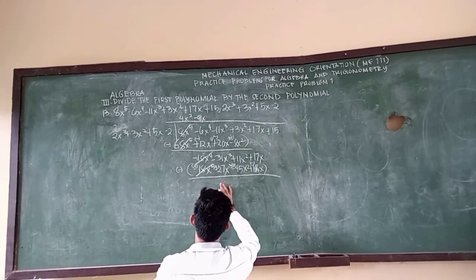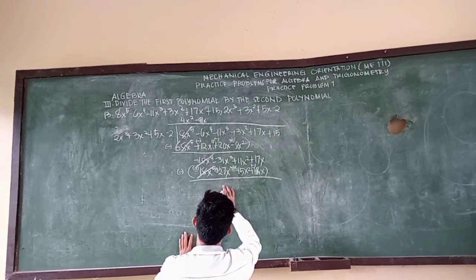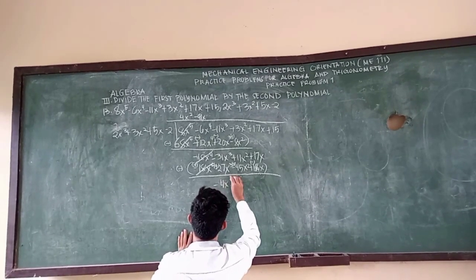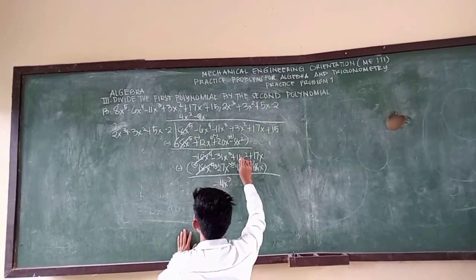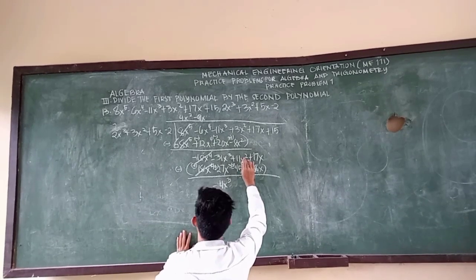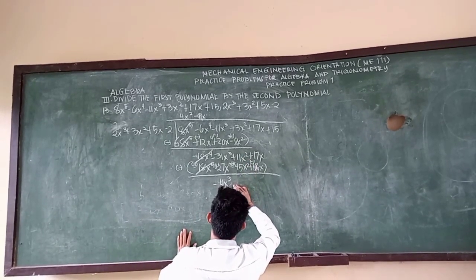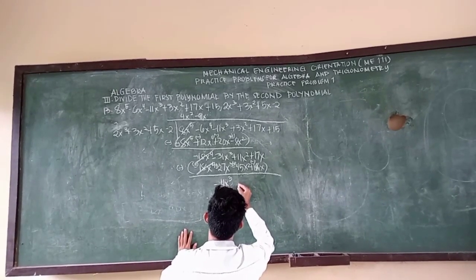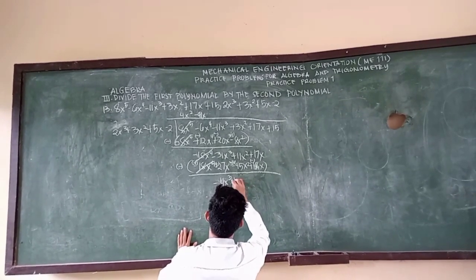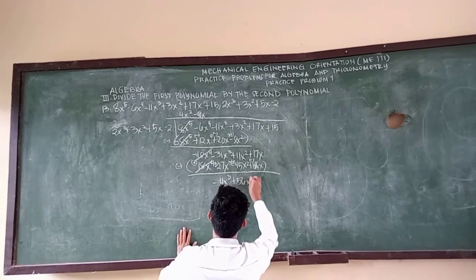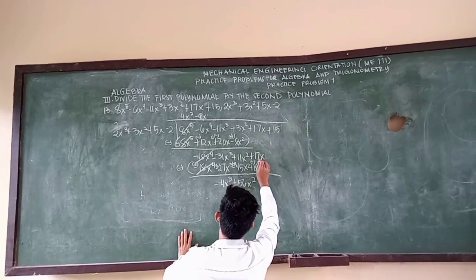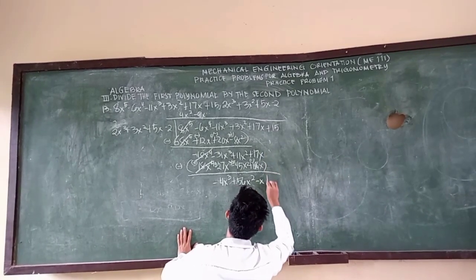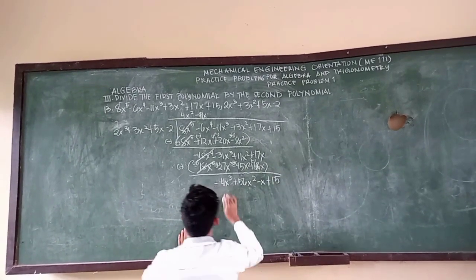Negative 31x cubed plus 27x cubed is negative 4x cubed. And then 11x squared plus 45x squared will give us 56x squared. Negative 18x plus 17x is negative x. Then bring down positive 15.